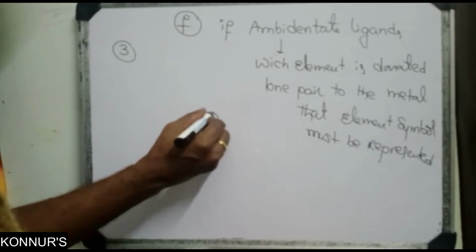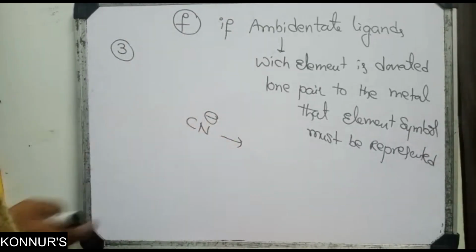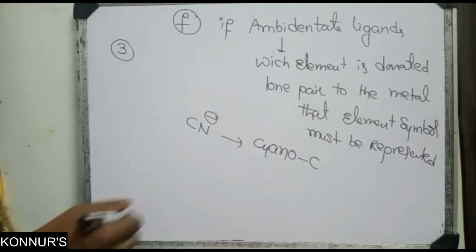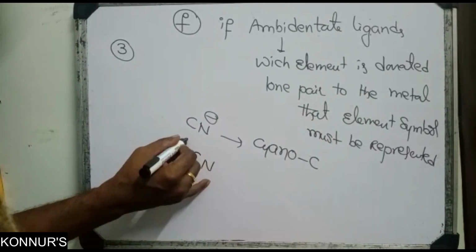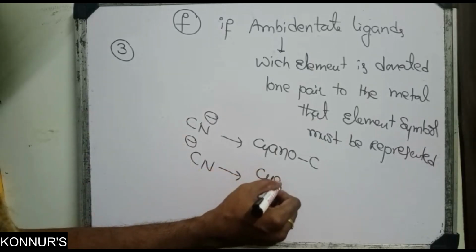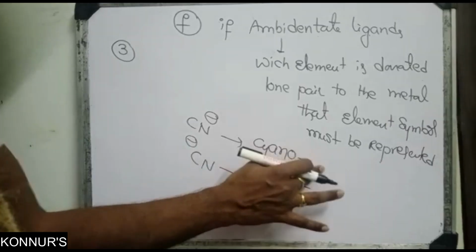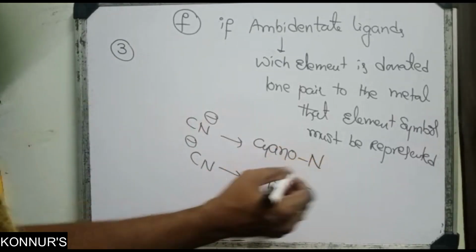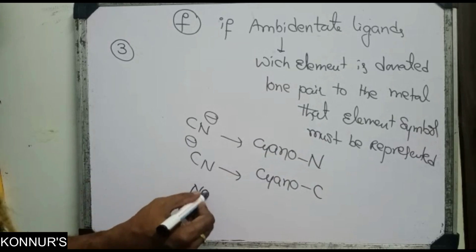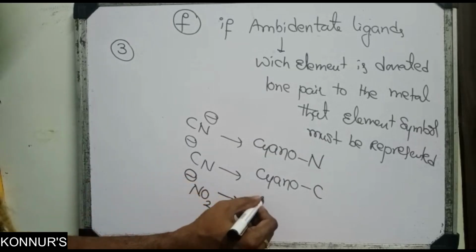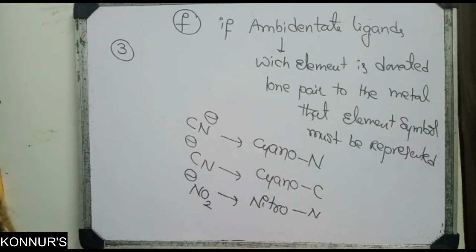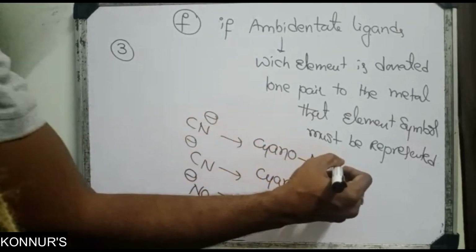For example, take CN minus. Who is the donor? If N is the donor, it is cyano-N; if carbon is the donor, it is cyano-C. Next, NO2 minus, you write as nitro-N, which you can also write as isocyano.